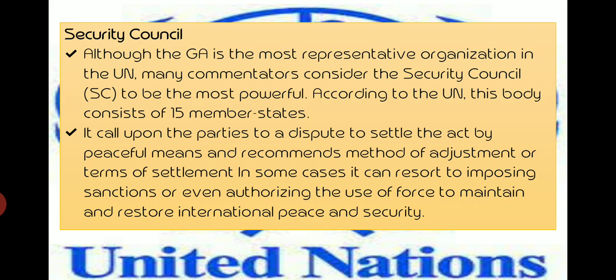And these countries are China, France, Russia, United Kingdom, and United States. So, itong limang to ay sila yung mga permanent members since the founding of the United Nations and cannot be replaced through election. So, ito lang yung 10 other member states, sila yung pwedeng palitan every 2 years.